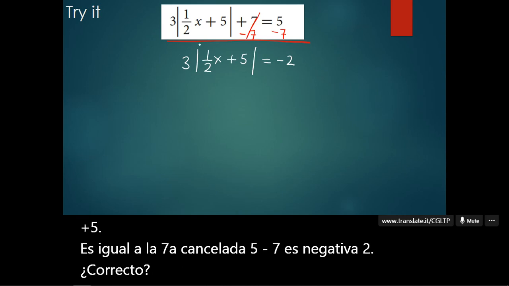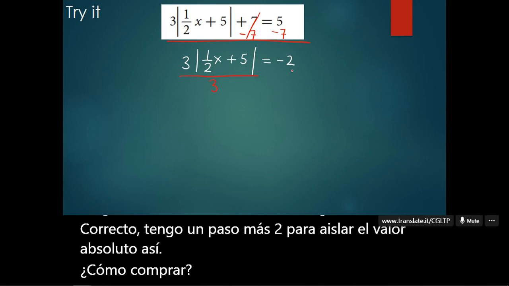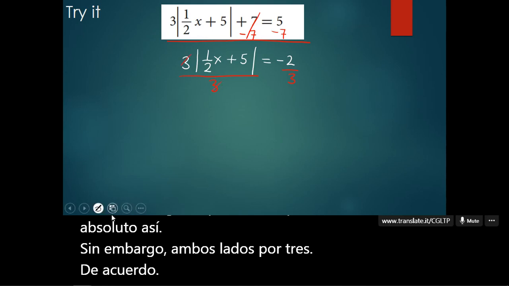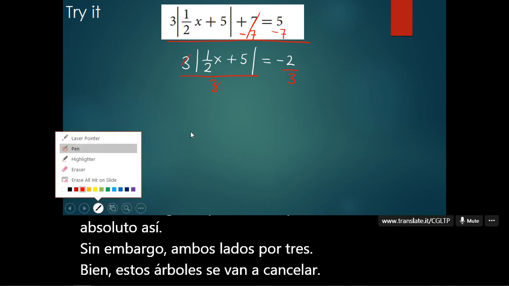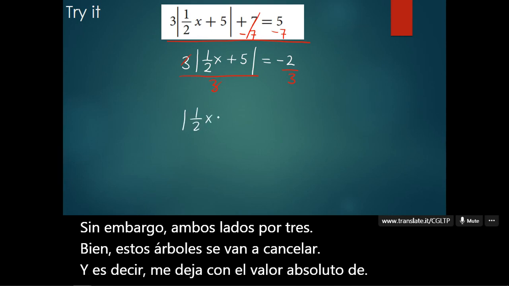I have one more step in order to isolate the absolute value. So I'll divide both sides by 3. Okay, these 3's are going to cancel out. And that just leaves me with the absolute value of 1/2 x plus 5.